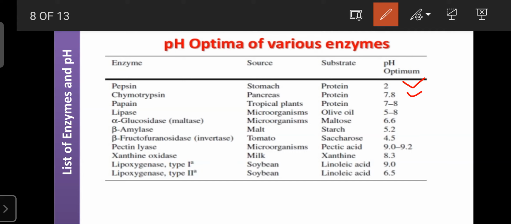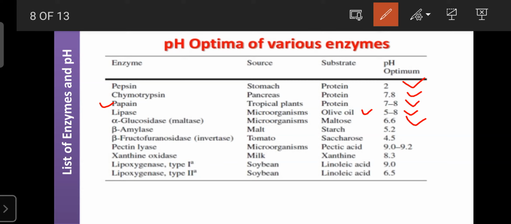Then papain, from the tropical plant papaya, is also a protein involved in the digestion of food, and it is active at pH 7 to 8. Lipase, obtained from microorganisms, with a substrate that is oil or lipid in nature, is active at pH 5 to 8. Like alpha glucosidase, active at 6.6.